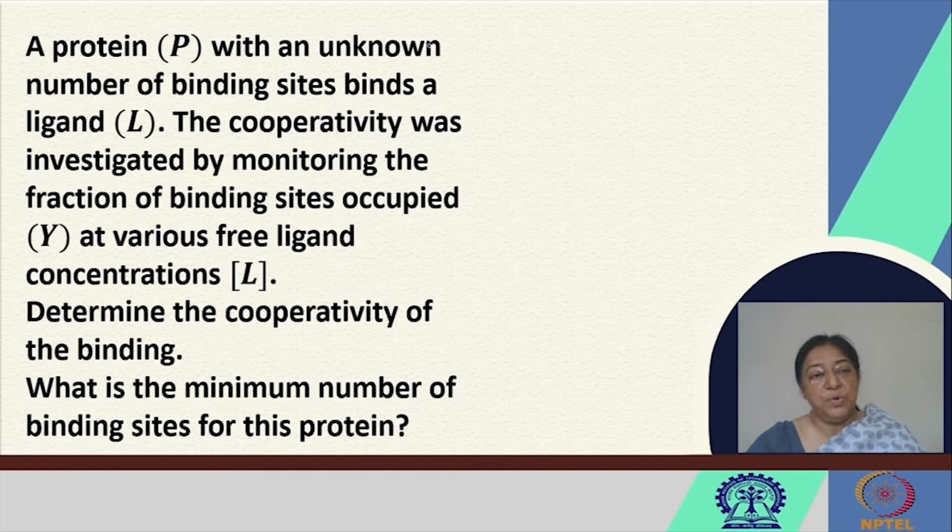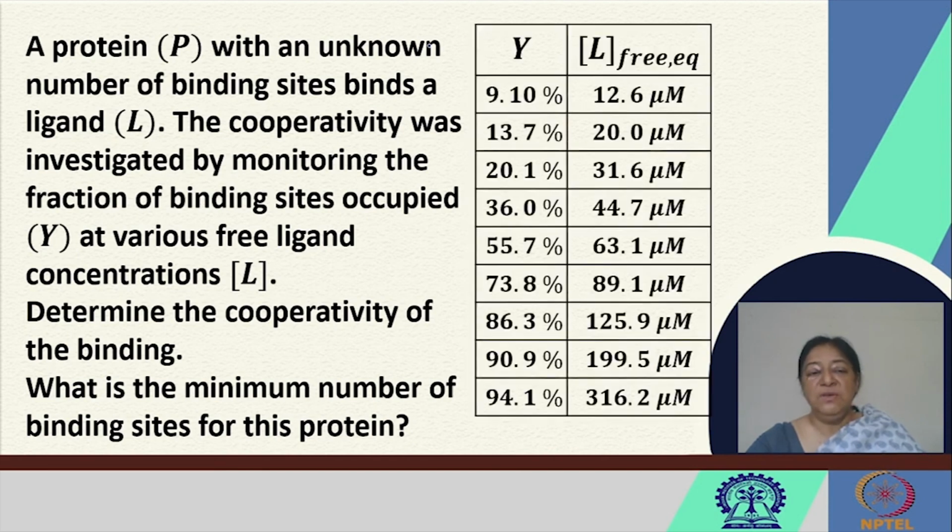So if we have a protein P with an unknown number of binding sites, say with the ligand L, the cooperativity has been investigated by monitoring the fraction of the sites occupied with free ligand concentration. We want to know the cooperativity of binding and also the minimum number of binding sites of this protein.